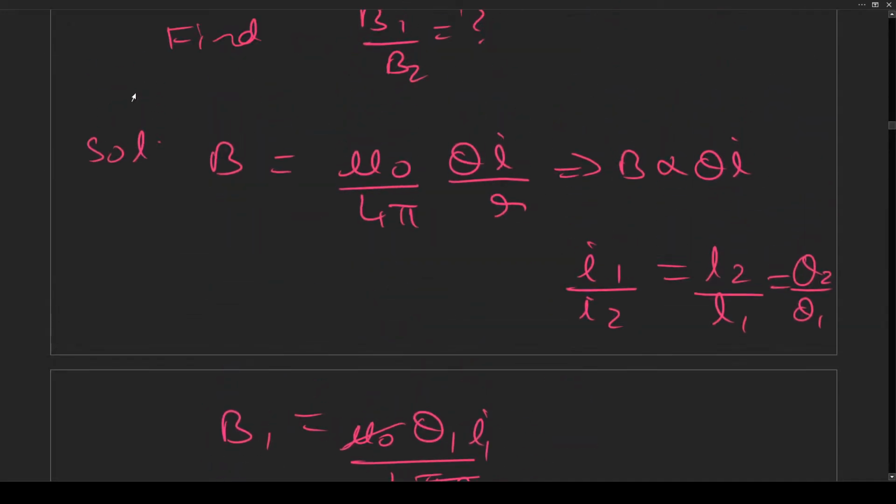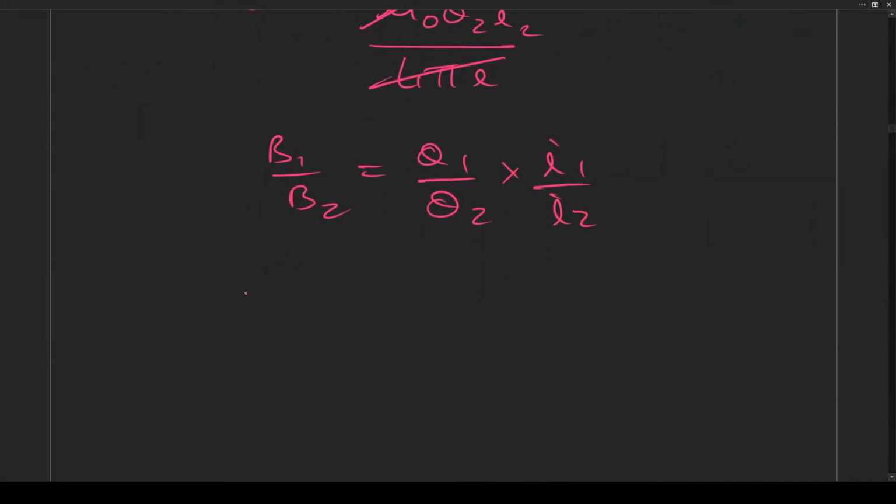and from above relation where I1 by I2 is equal to theta 2 by theta 1, B1 by B2 is equal to theta 1 by theta 2 times theta 2 by theta 1.